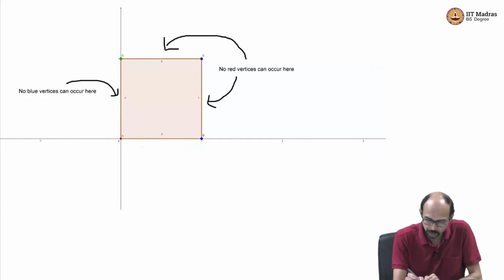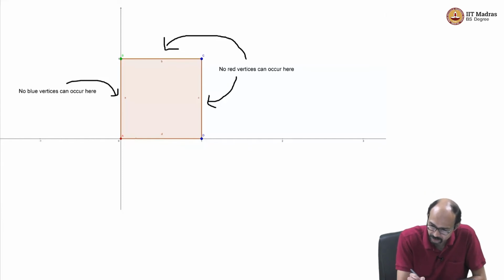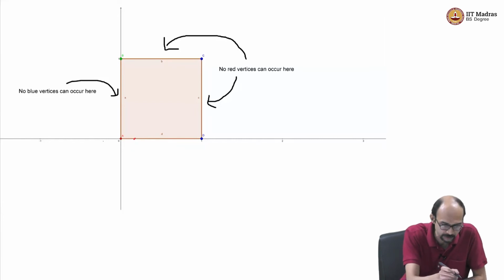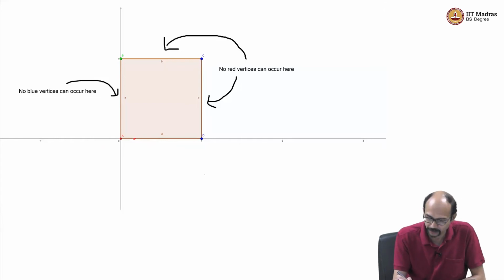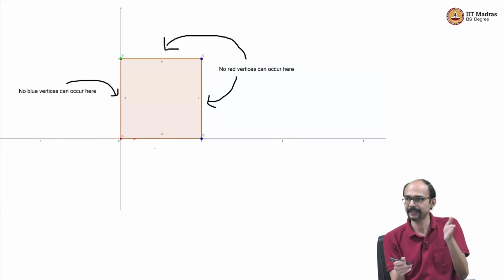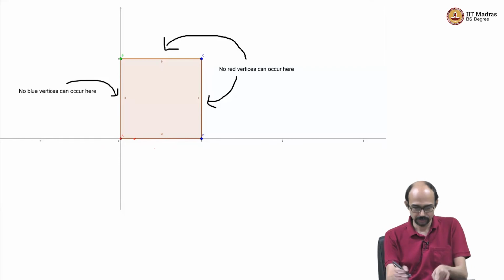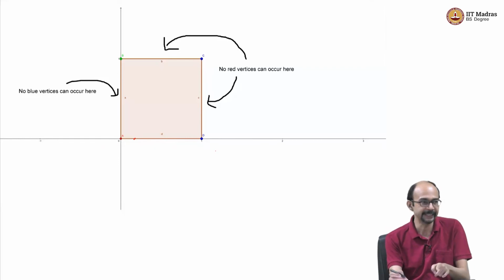Why is that? Because suppose you have some vertices here, right? So you have a red one here, then you maybe have a blue one. Suppose you have like a series of red, blue, but the starting point is red and the ending point is blue.